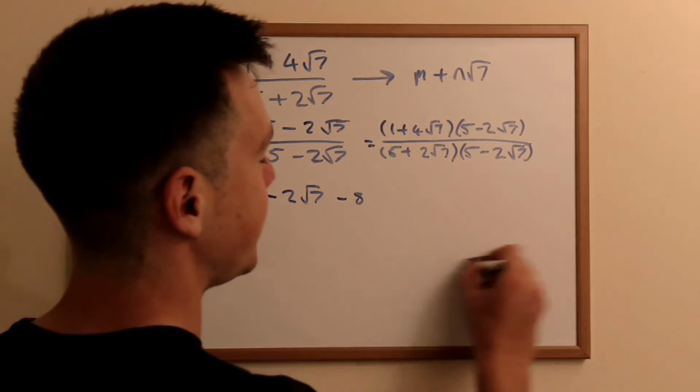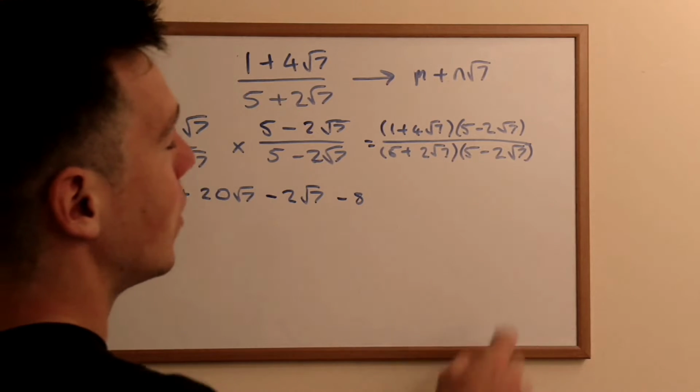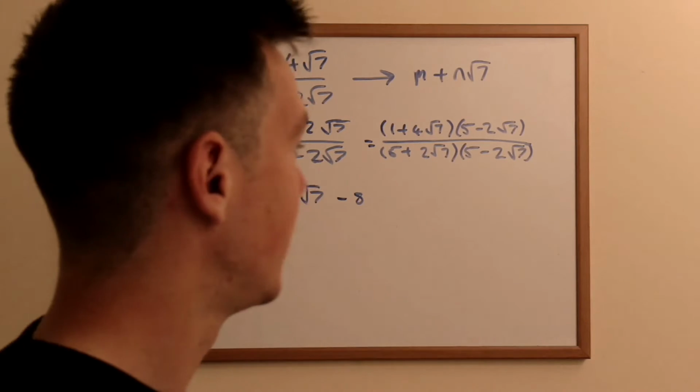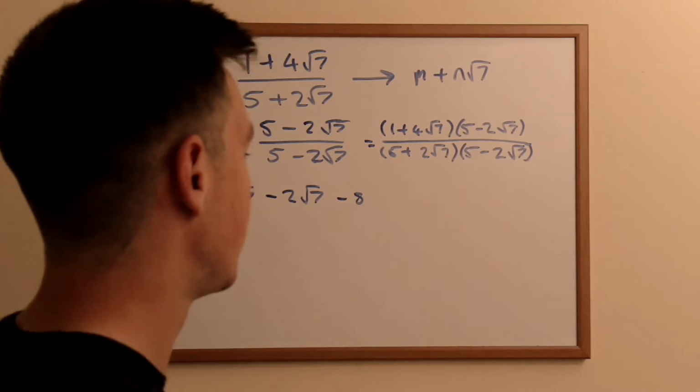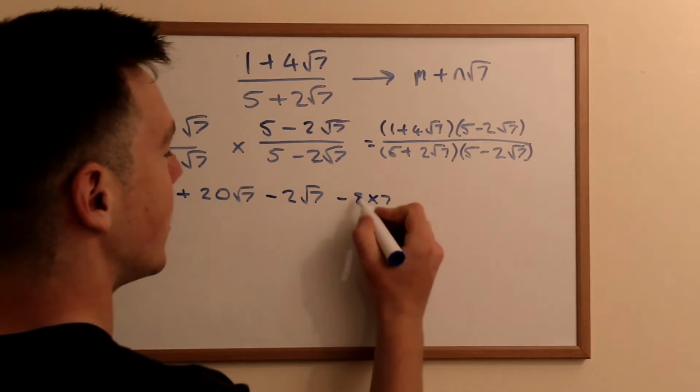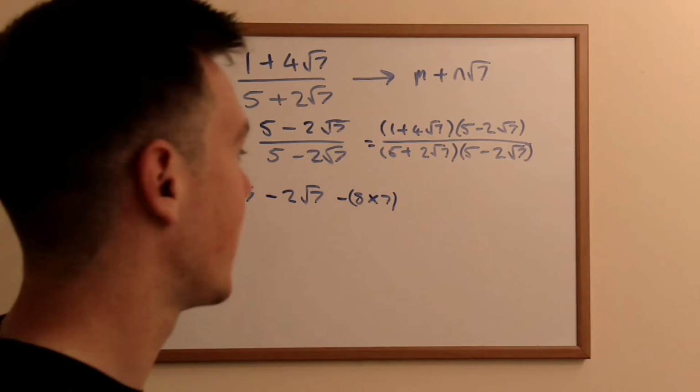So anyway, root 7 times root 7 is going to be 7. So you're going to have 8 times 7, and we'll leave that in brackets together.